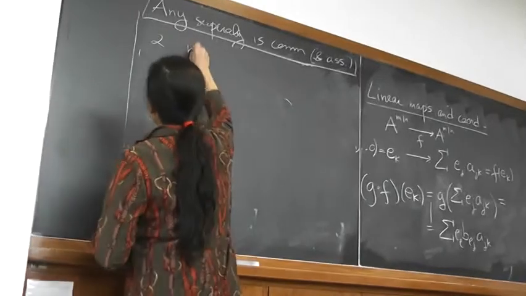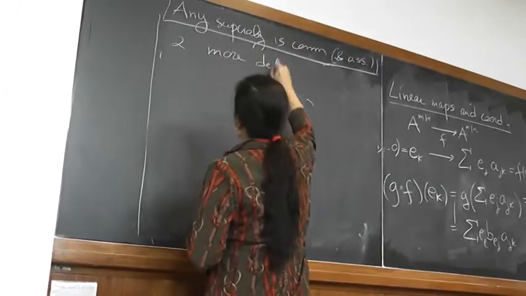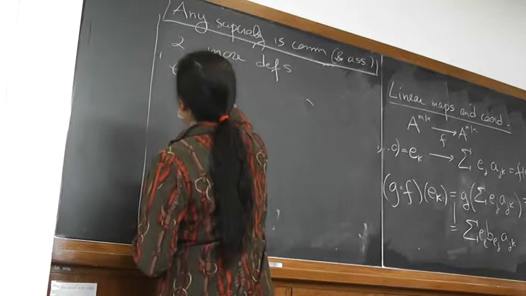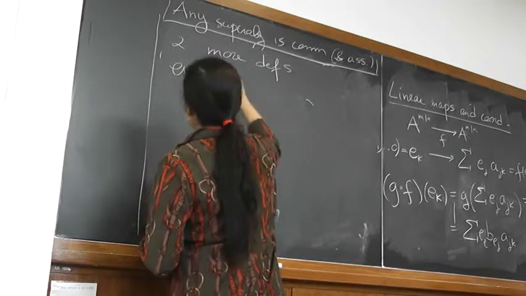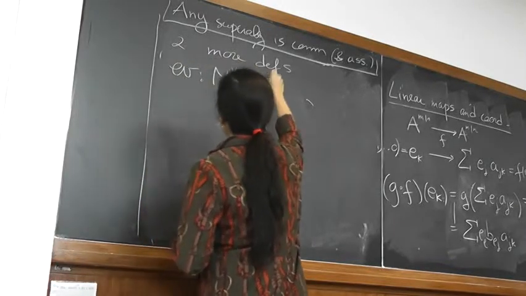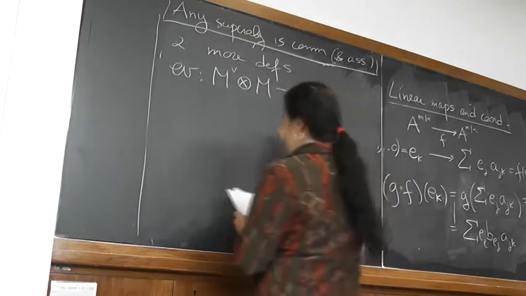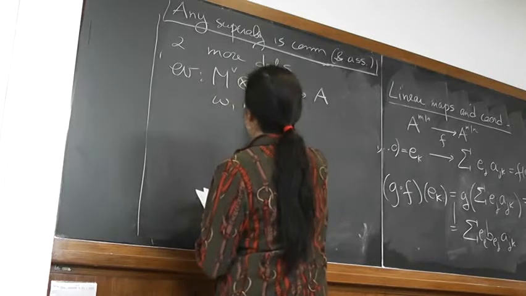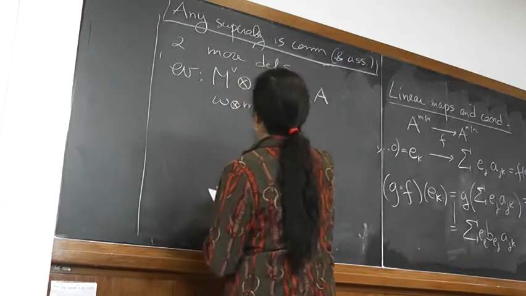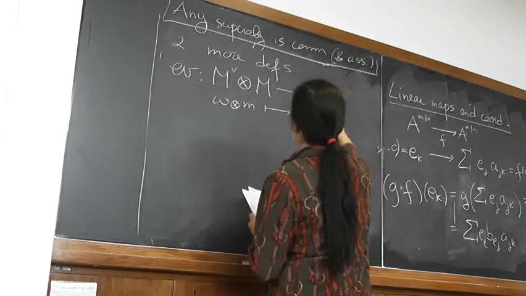There is one which is very simple, which is the evaluation morphism from M check tensor M to A, which takes omega and M tensor M and does omega M, not very smart.